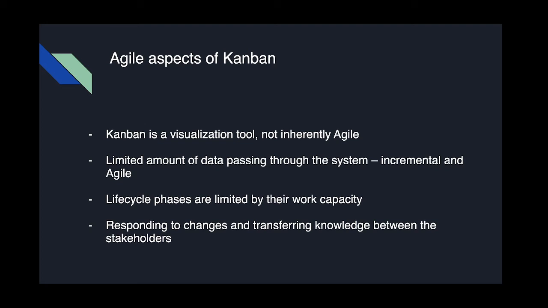And it allows for limited throughput, and this allows it to be incremental and agile. And it also has life cycle phases, which are limited by their work capacity. And then finally, it allows for you to respond to changes and transfer knowledge between stakeholders.